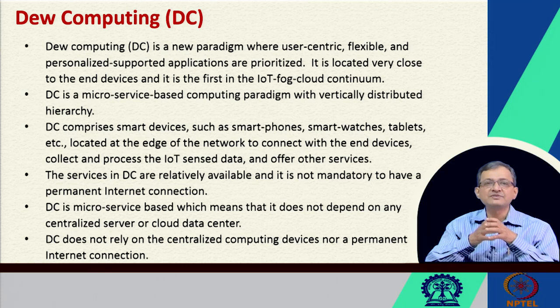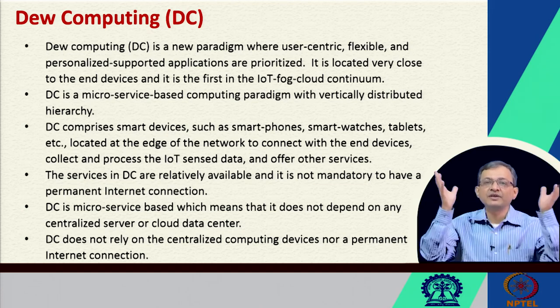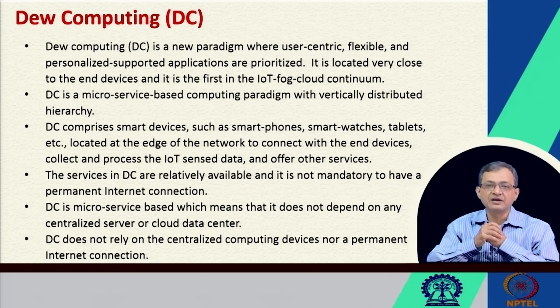So, it is a microservice based computing paradigm. In several literature they primarily focus on these aspects with a vertically distributed hierarchy, right. You have a hierarchy of things up the ladder. So, it comprises smart devices, like smartphones, smart watches, tablets, and even our laptops and other devices located at the edge of the network to connect to the end devices, right.